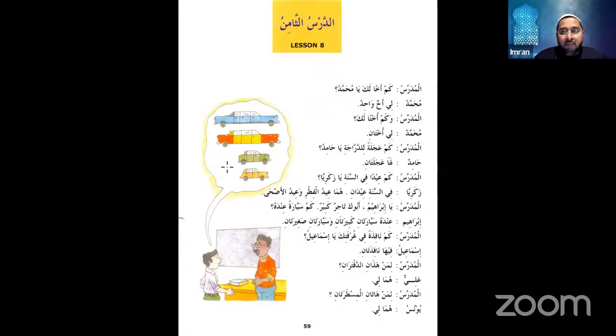Now, kam is a particle which is used in the Arabic language to count an object or anything itself. So kam akhan, and always the word which comes after kam comes singular and it comes mansub with a fatah tanween.